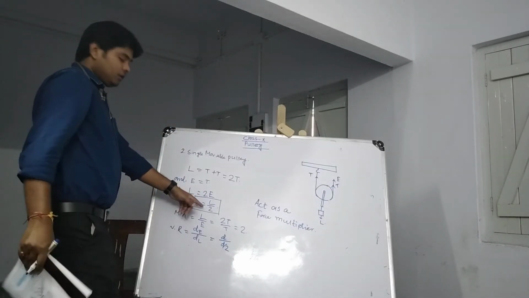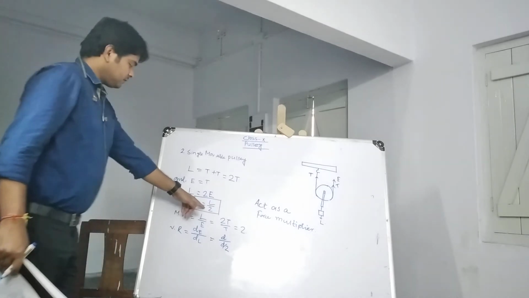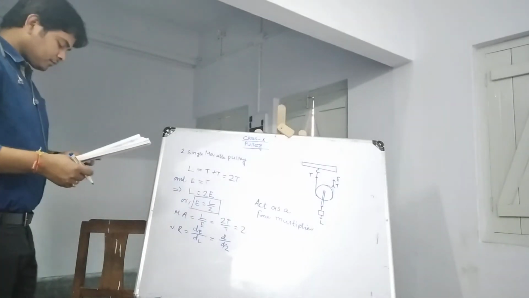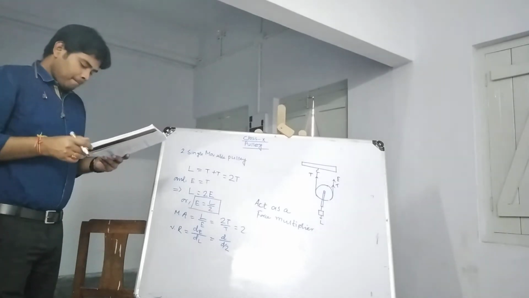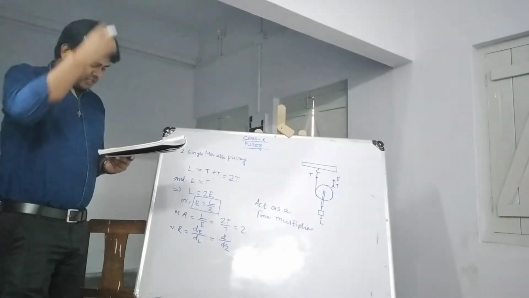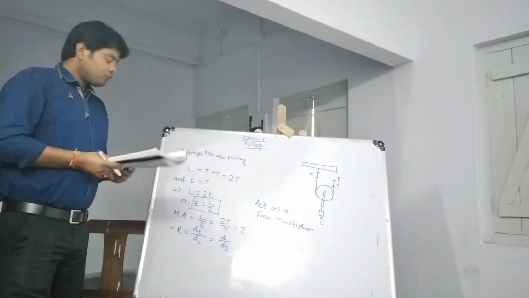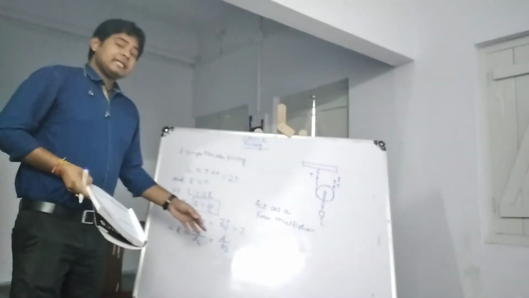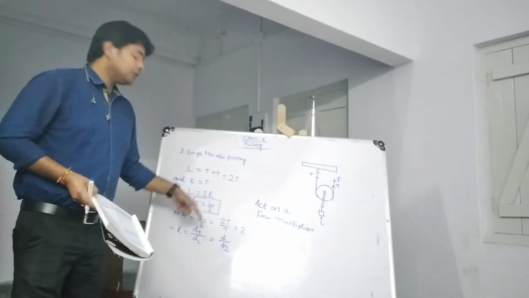From E equal to L by 2: if the free end of the string is pulled up by the effort through a distance d, the load is raised through a distance d by 2.